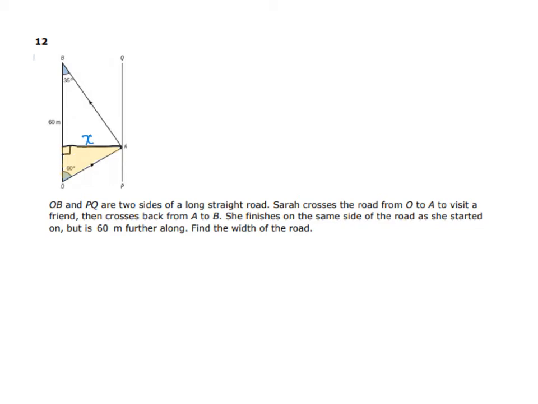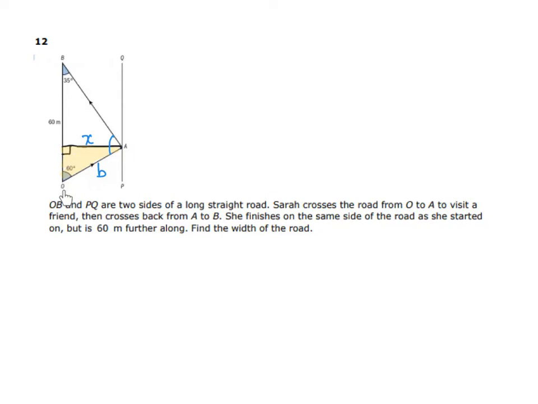Now, I can find X using right triangle trig if I knew this hypotenuse. So to find the hypotenuse, let's look at the big triangle, and let's see if we can use either law of sines or law of cosines. So I'm going to call this hypotenuse of the yellow triangle little b because it's opposite this angle B. And I think I have enough information to use law of sines as soon as I figure out what this angle is.